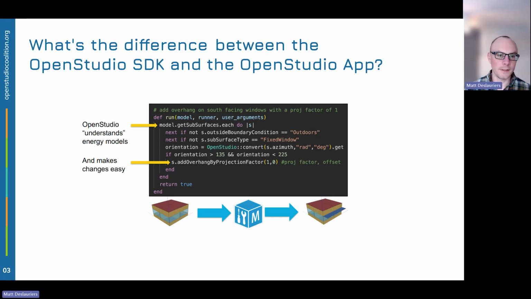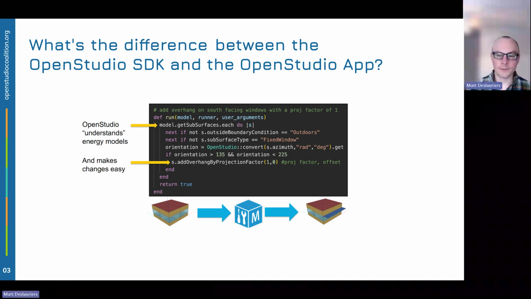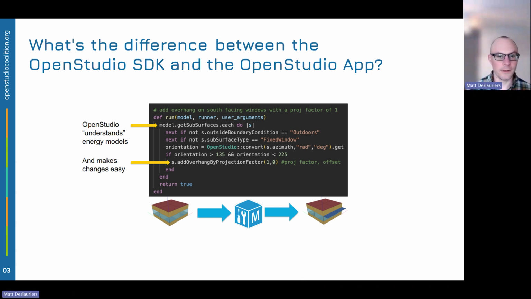So what's the difference between the OpenStudio SDK and the OpenStudio app? There are two flavors of OpenStudio. The OpenStudio SDK, or Software Development Kit, basically allows code to interact with an OpenStudio model. You can use Ruby, Python, or C++ code, but the OpenStudio SDK is not a graphical application.